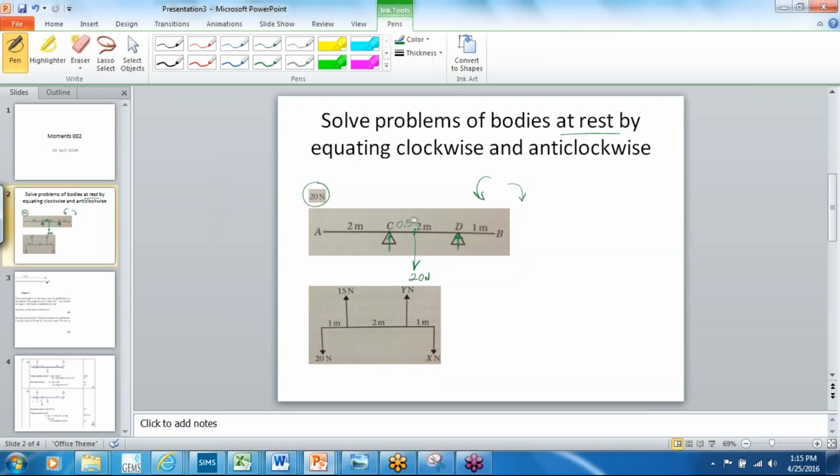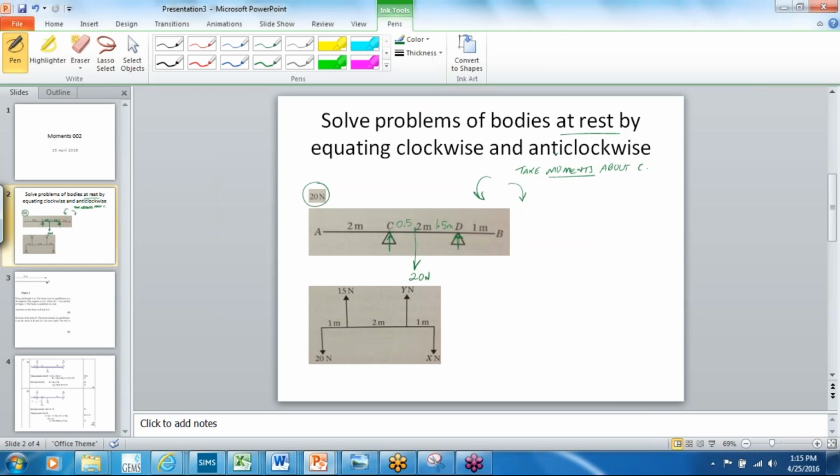And the distance from the halfway mark to D would be, would that be 1.5? 1.5 meters. What we're going to do is take moments about one of the points, and let's start by taking moments about C. So we'll just write that moment about C.